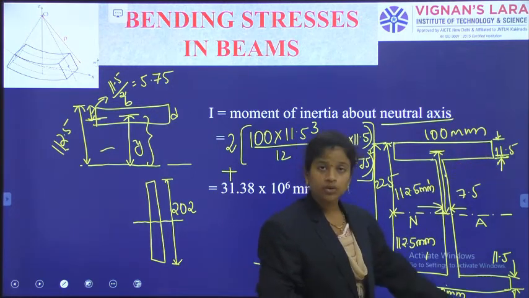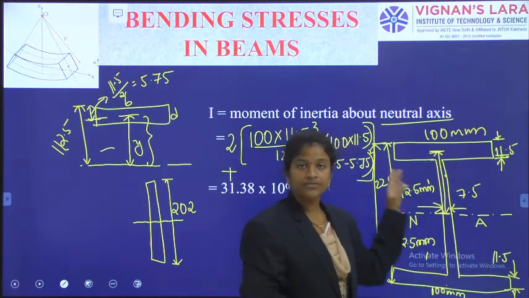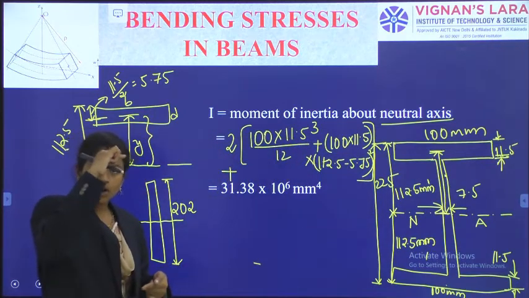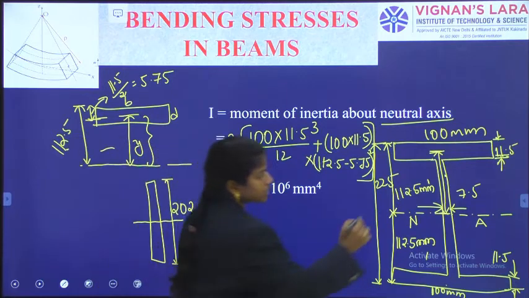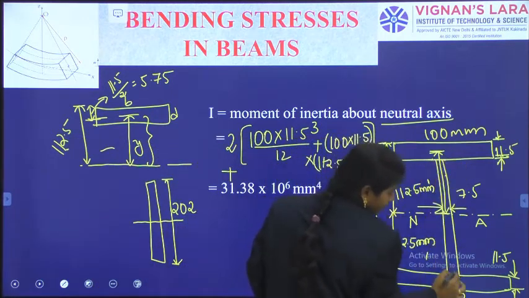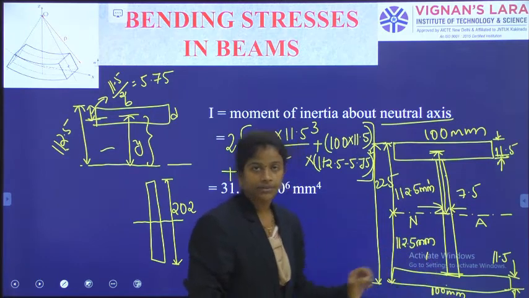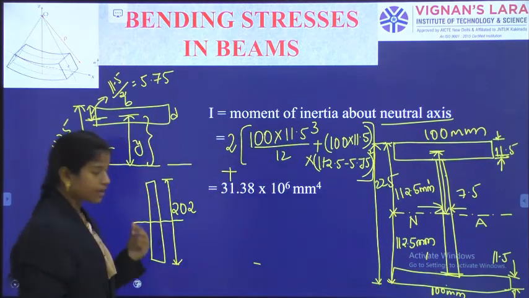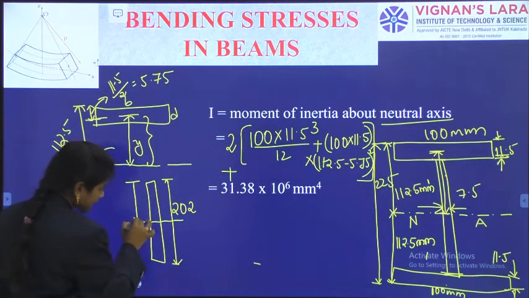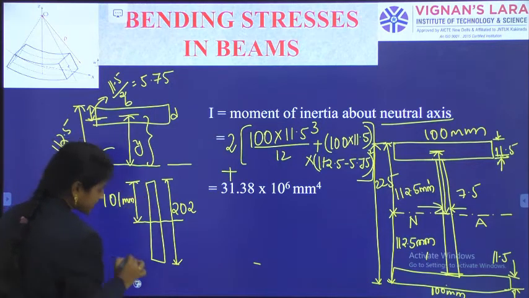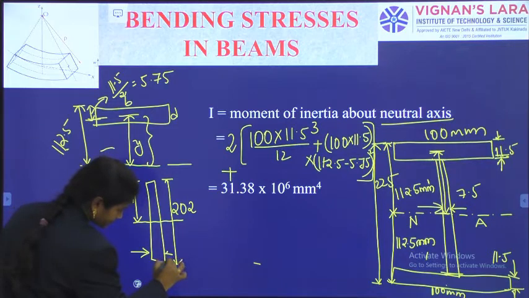Now removing 23 from 225, we get 202 as the depth of the web only, only this vertical segment from this level to this level. From the neutral axis, the extreme fibre distance is 101 millimeters, and its thickness is 7.5 mm.